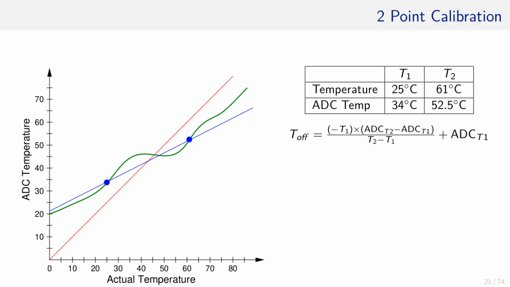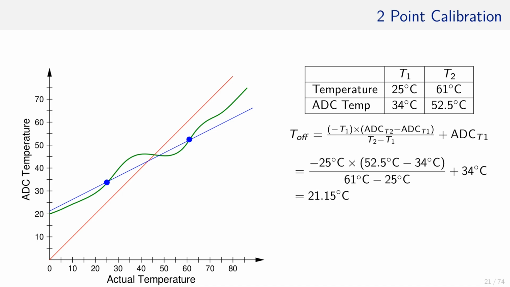As a first improvement, we would like to make sure that the interpolation, that is the blue line, originates at the 0 degree point. Plugging in the measured and the actual temperatures into the formula returns the T-off value. That is the value by how much we are off at 0 degrees, which is 21.15 degrees Celsius.